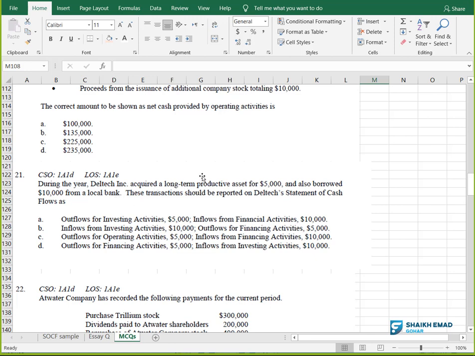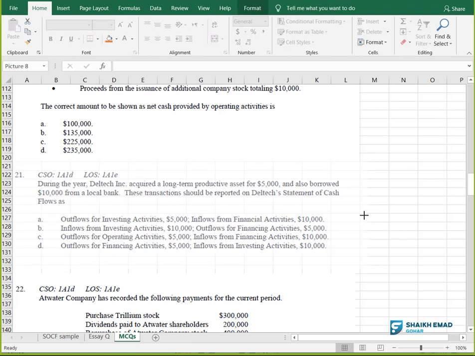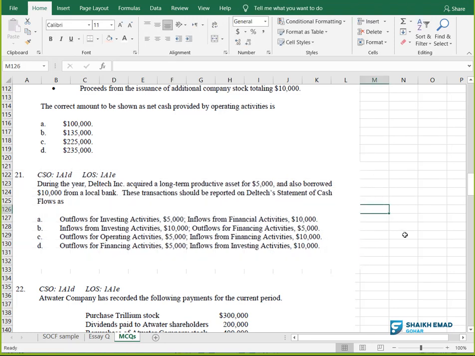When you acquire an asset, that is investment or not? Yes, investing. And you borrow some money, that is financing. So now you need to see outflow, inflow. When you are purchasing, definitely outflow. And when you are getting a loan, inflow. So what is the answer? A is the answer. 21A.